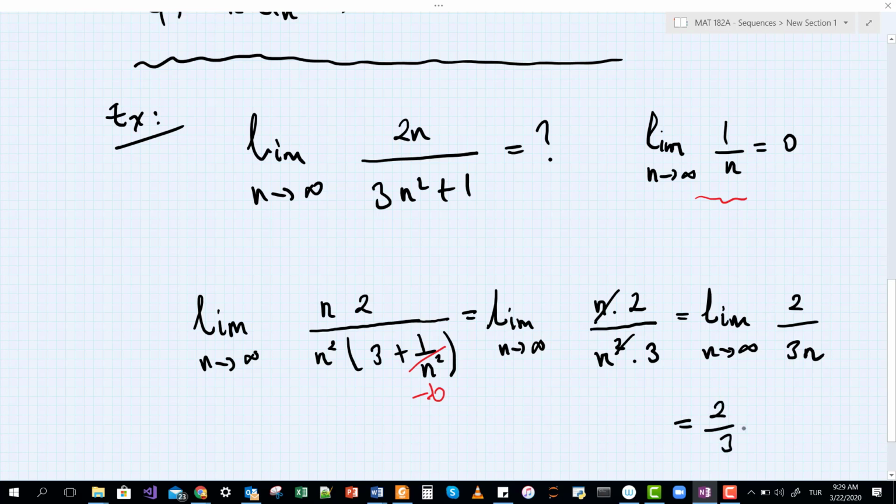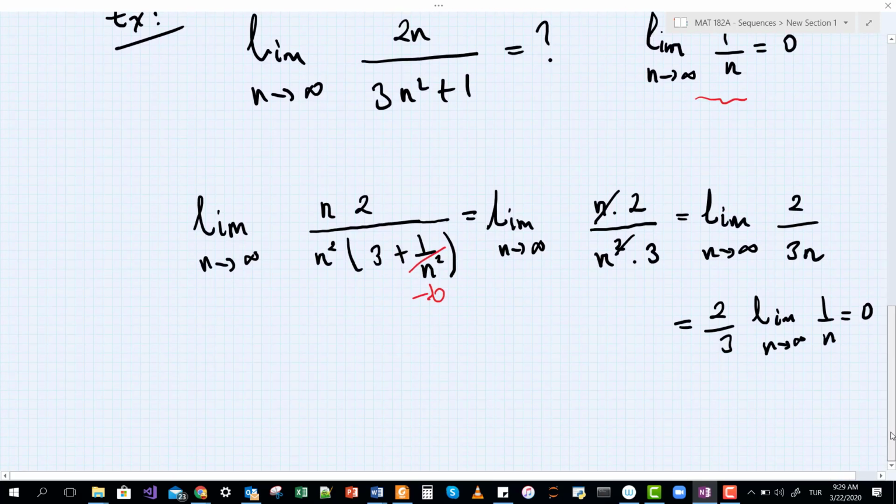So the limit when n goes to infinity of 1 over n, as you see, is going to be 0. Did you see that? So that's how I use the main limit theorem combined with one of the benchmark examples. Another example we can solve before starting something new.